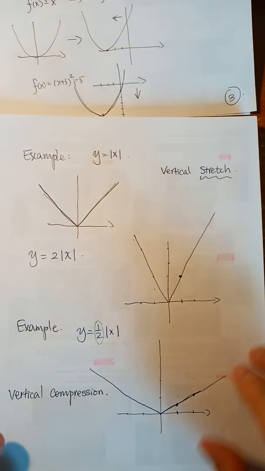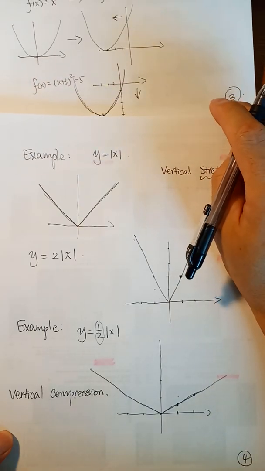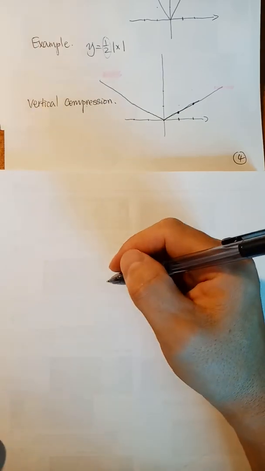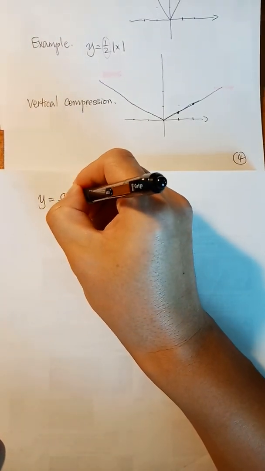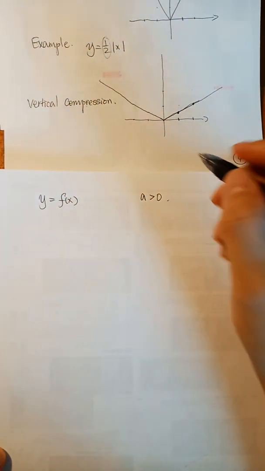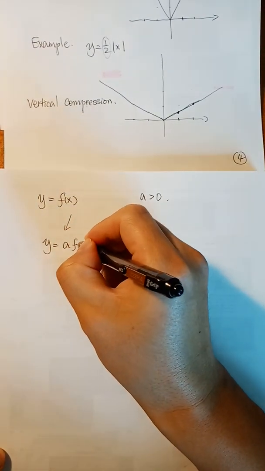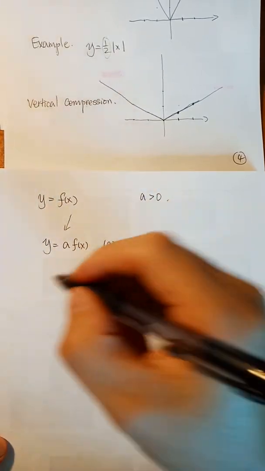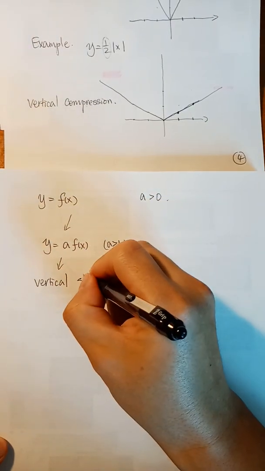Okay, so if we want to make the problem and the example more abstract, it's like this. If you have y equal to f of x, and you have a coefficient a that is always positive, then you have two possibilities. y equal to a f of x, where a is greater than 1, very big, then this is a vertical stretch.